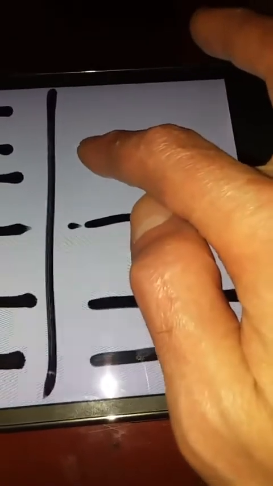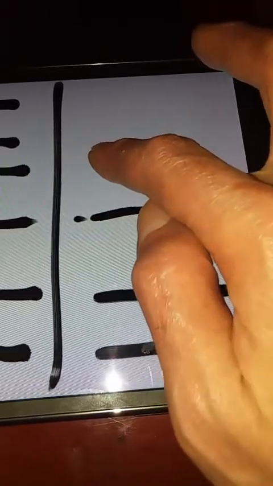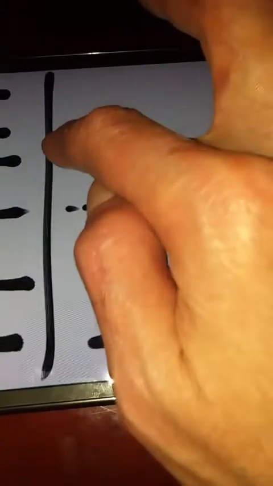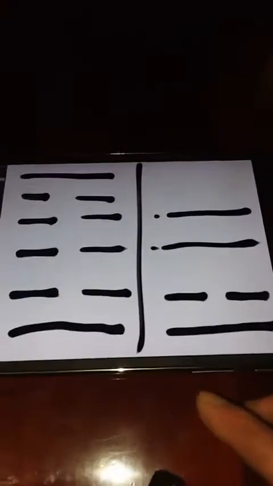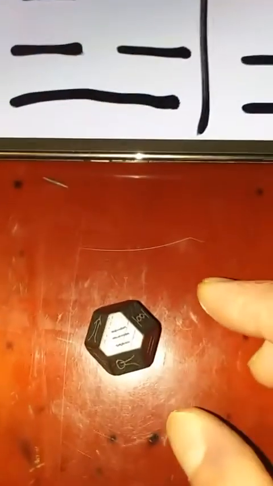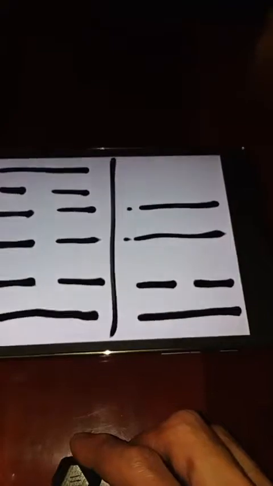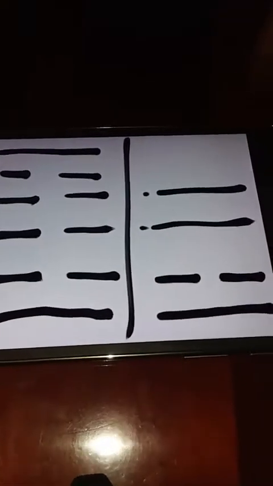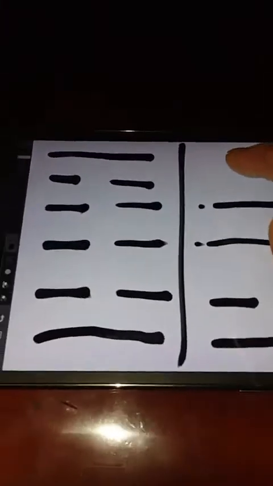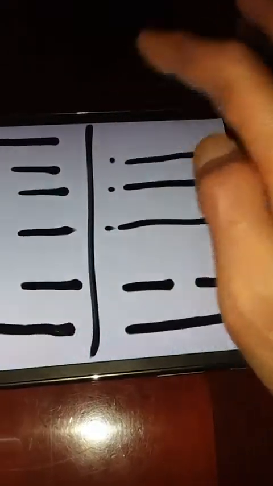That is another 5. So 5 changes that into a yang line. So we'll put a dot there. That is a 3. With the 3, it's another changing line, so we'll put a dot there.